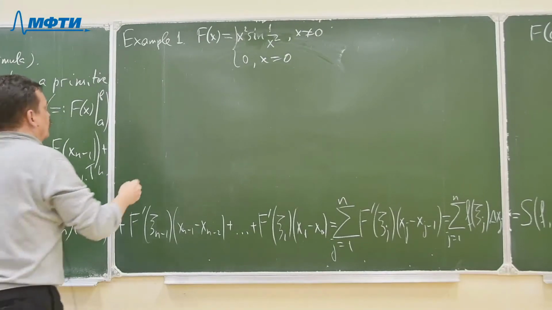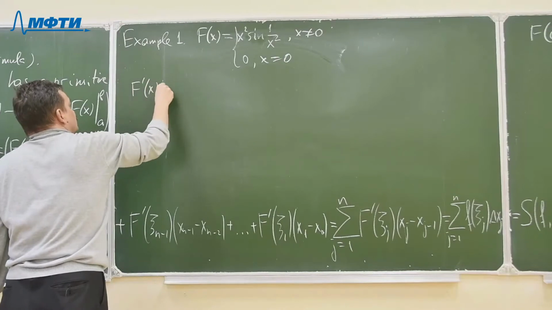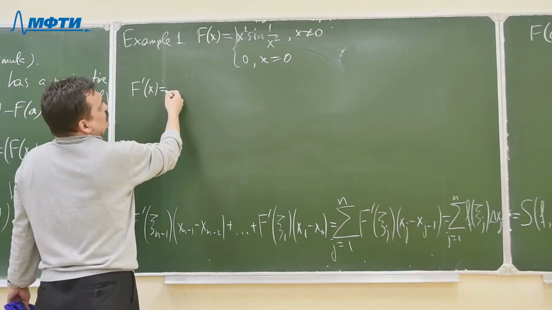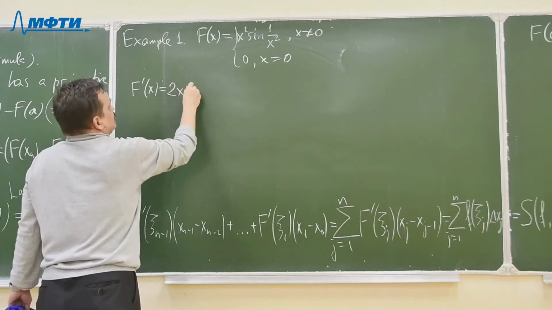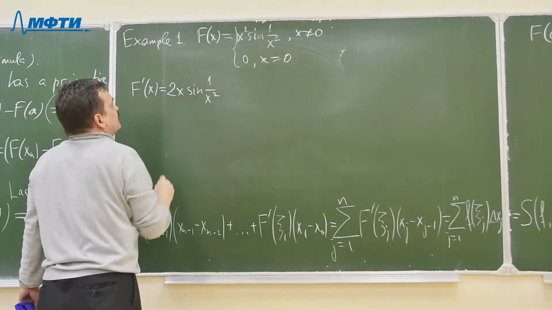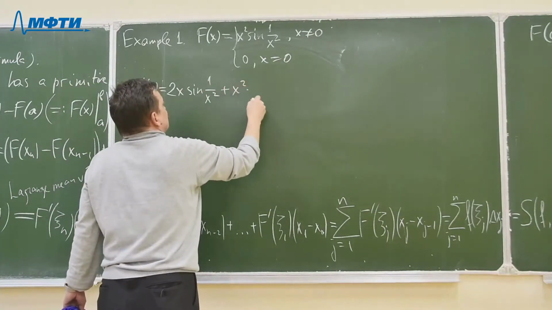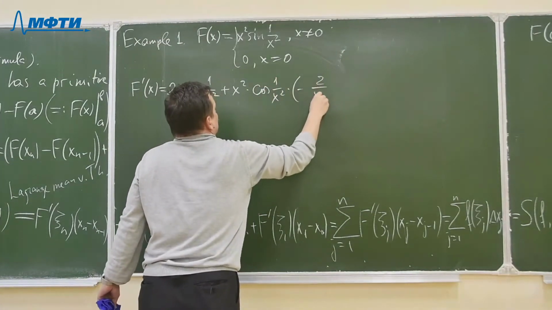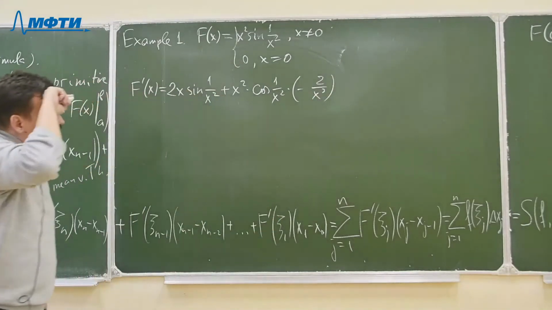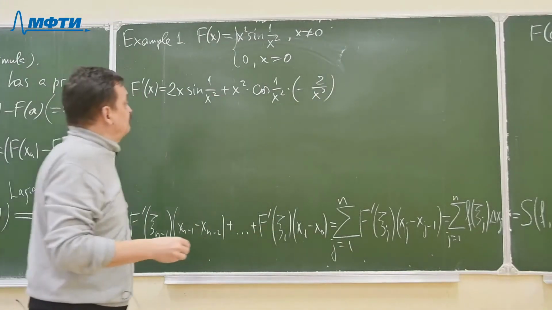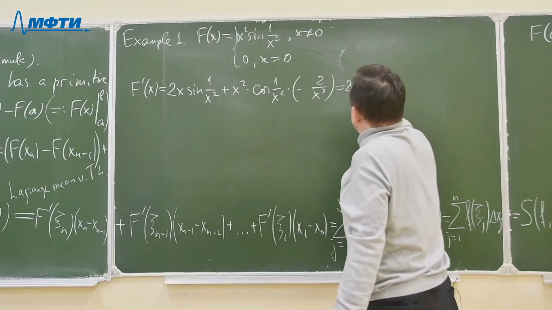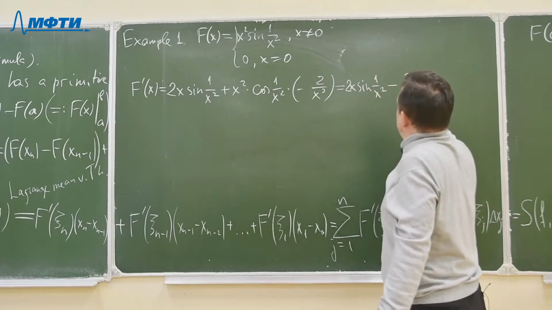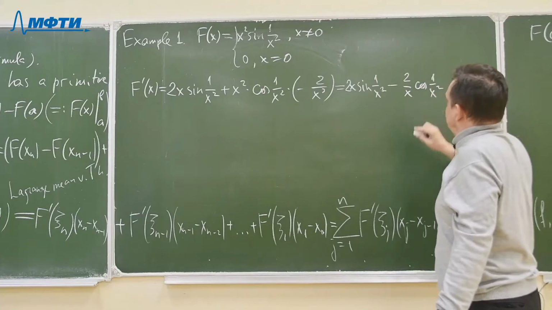Okay, what about the derivative? F prime of x equals, we differentiate: 2x times sine 1 over x squared plus x squared times cosine 1 over x squared times minus 2 over x cubed, by the chain rule, and it gives 2x sine 1 over x squared minus 2 over x cosine 1 over x squared.